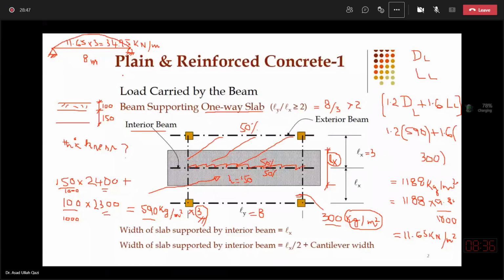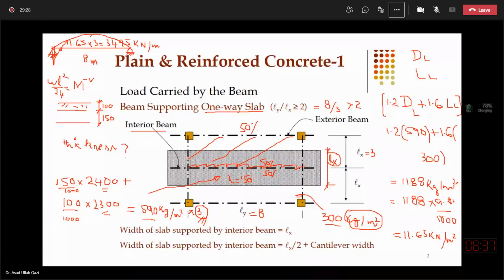Then there may be a choice that at the ends we assume the negative moment as WL square by 24. It is just one option which we can select based on end conditions. That end will have a hogging moment and we will then have a point of inflection somewhere, and then the mid span will get a moment magnitude not WL square by 8, maybe WL square by 16 or 14.